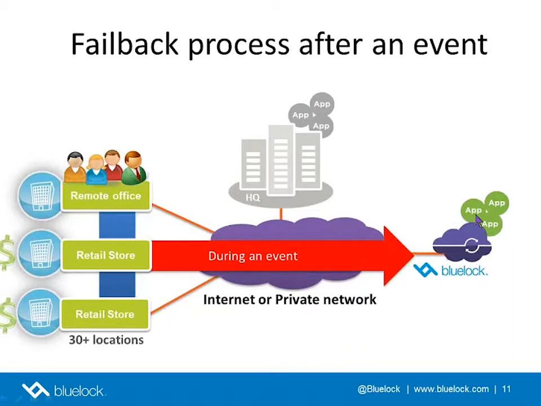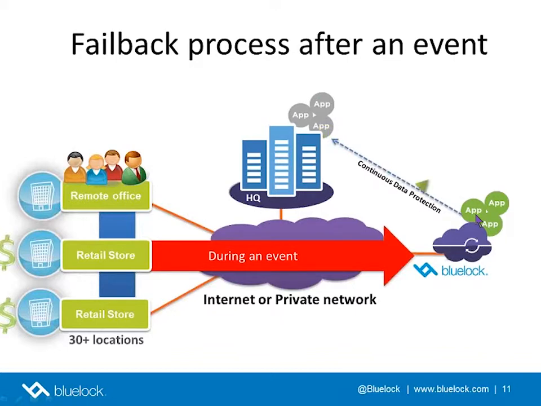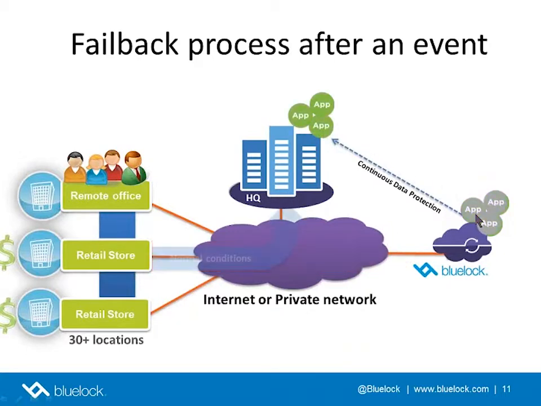The cool thing is we can reestablish that continuous data protection back across the network and send all the changes happening in real time, but also all the changes that were missed over the last day or two, or 12, 18 hours, back to the production site. Get it synced back up, power production back up and running, and then redirect the users over to the failback location.